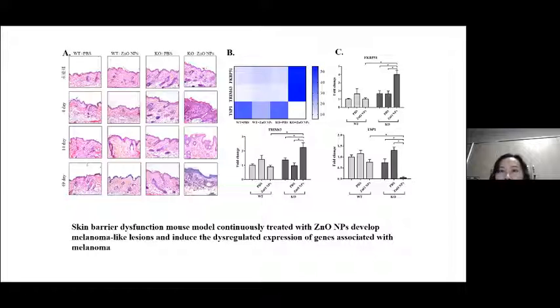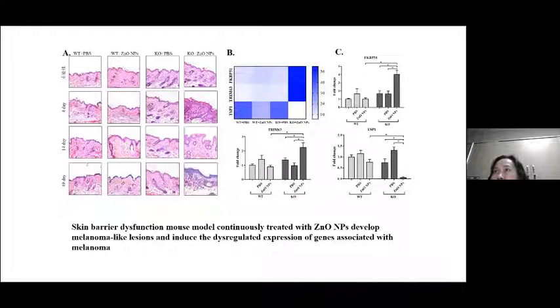So we use transcriptome sequencing to check the change. After screening the transcriptome changes, we can see three genes have changed.